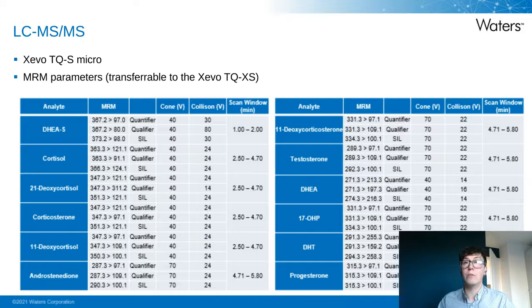Detection was performed using the Xevo TQ-S micro system, and the MRM parameters shown here should be transferable to the Xevo TQ-XS. The retention time windows are also shown in the table, and any LC flow is diverted to waste outside these overall retention time windows.